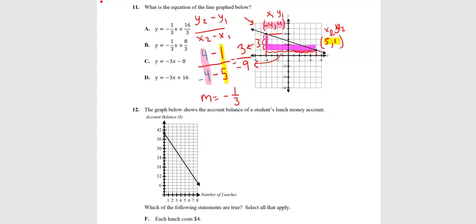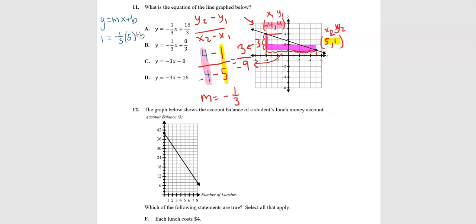Once I find my slope, I then have to plug it into my equation. So let's try to do it over here. I'm going to have my y equals mx plus b. I'm just going to pick one of the points, so let's pick the yellow point over there. y is going to be 1, my slope is -1/3, and I'm going to make x 5, plus b.